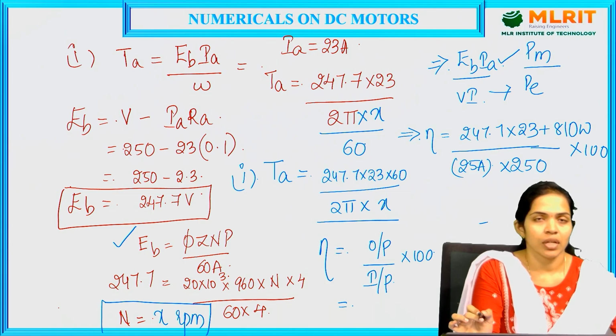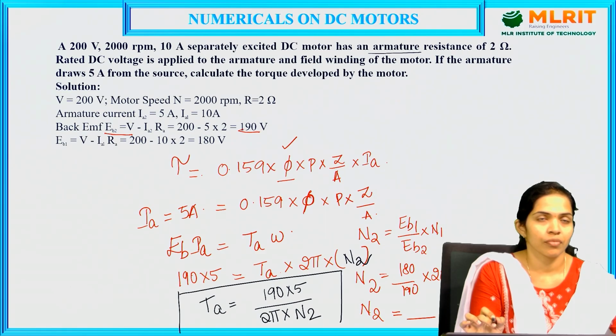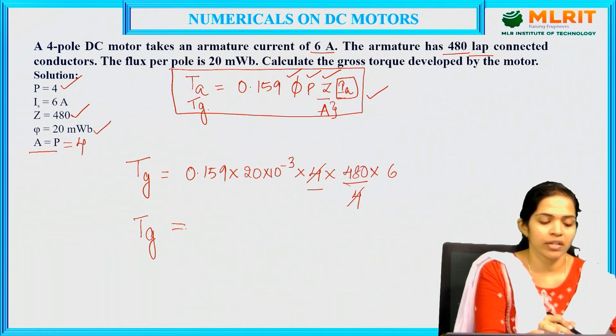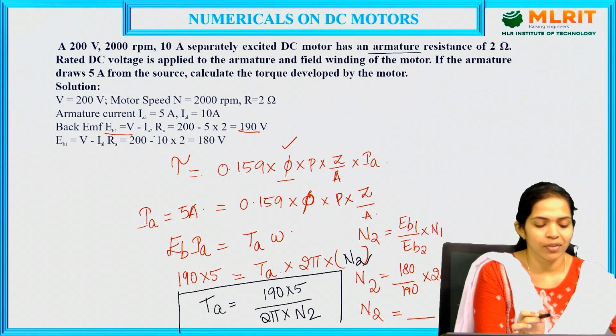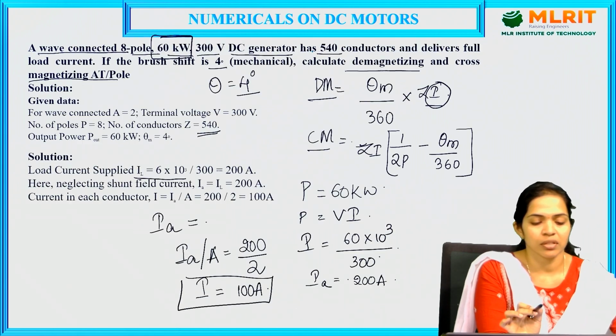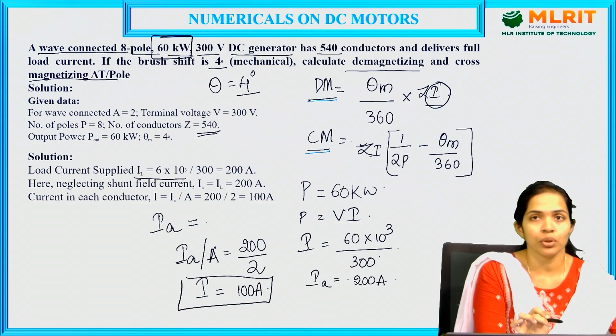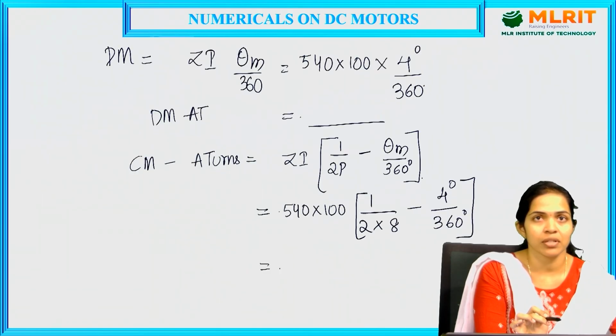So in this lecture we have covered different numericals on the torque equation. Then we have covered the numericals on how to calculate the speed for different separately excited motors. Then we have calculated the cross magnetizing and demagnetizing ampere turns required to neutralize the armature reaction effect.